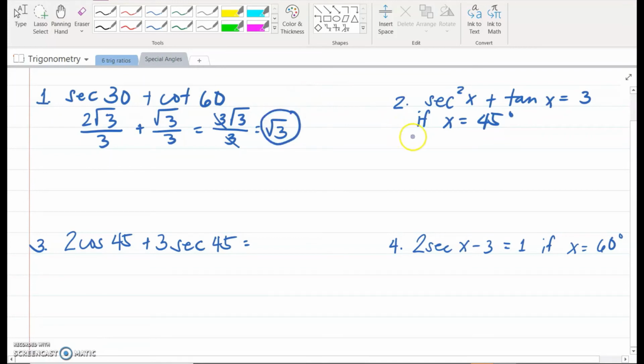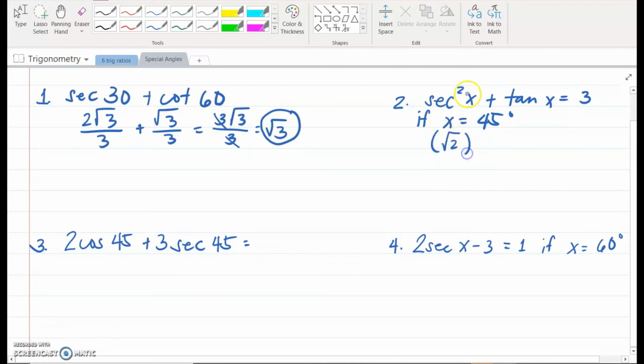Okay. Next, number 2. Secant squared x plus tangent x equals 3 if the value of x is 45 degrees. So we have the angle for that. So secant squared 45. Secant 45 is actually square root of 2.